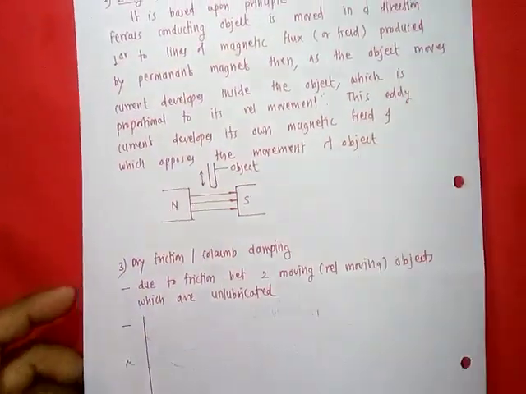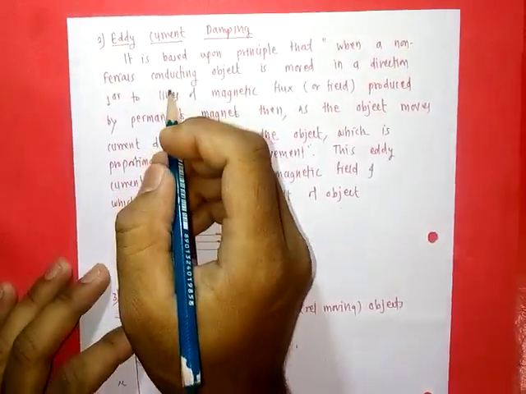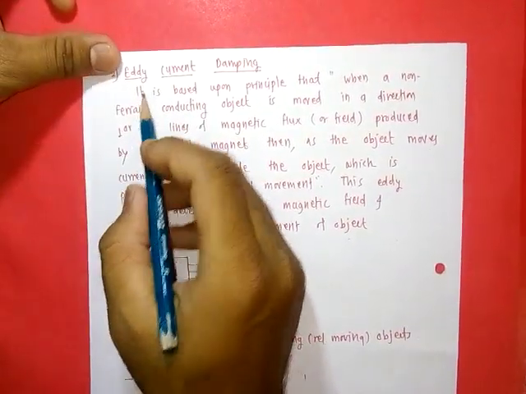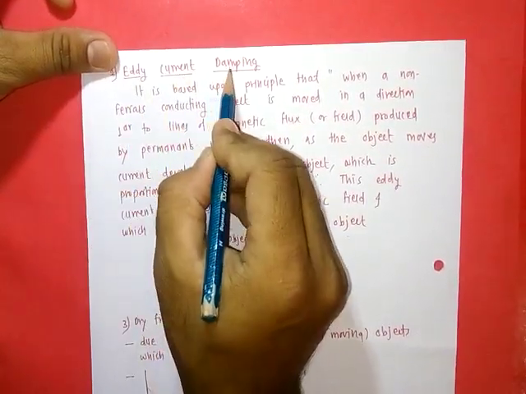Now the second type of damping is called eddy current damping.